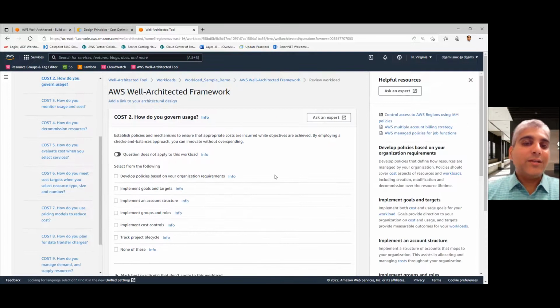Now, cost in AWS and in cloud in general is a function of usage. So the better you can govern your usage, the better you can control your cost, as there's a direct correlation. Developing policies that put guardrails around where money can be spent and what kind of resources can be used is one of the ways you can reduce the cost you will incur.